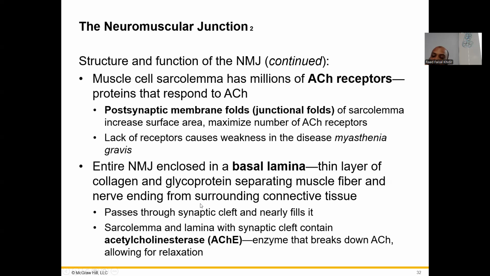So the sarcolemma and the lamina with the synaptic cleft contain acetylcholinesterase, the enzyme that breaks down acetylcholine, allowing for the relaxation. This acetylcholinesterase ends with an ace, cholinesterase. So what does ace tell you? It's an enzyme. So acetylcholinesterase, that means what does it do to acetylcholine?